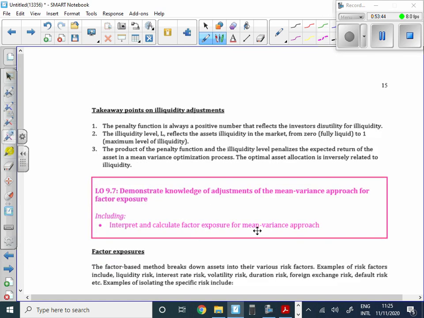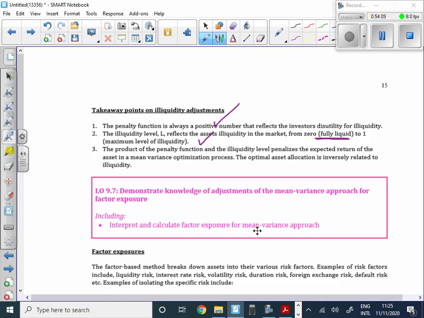Okay. What are some of the takeaway points, guys, for illiquidity adjustment? Number one, the penalty function is always positive. The illiquidity level goes from 0 to 1. At 0, you are completely liquid, and of course then there'll be no penalty, because 1 is the maximum level of illiquidity.